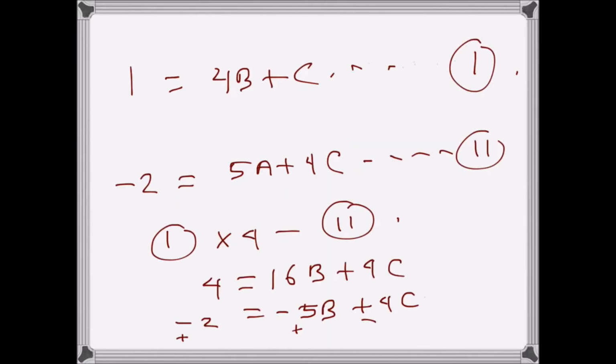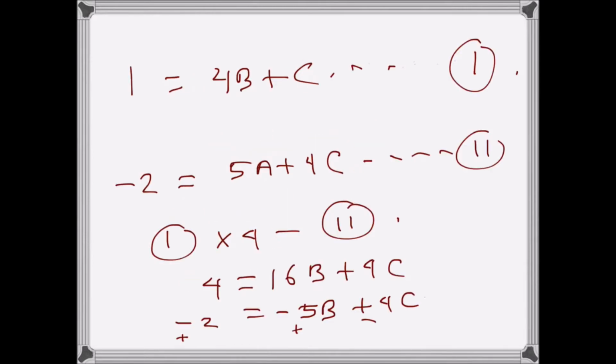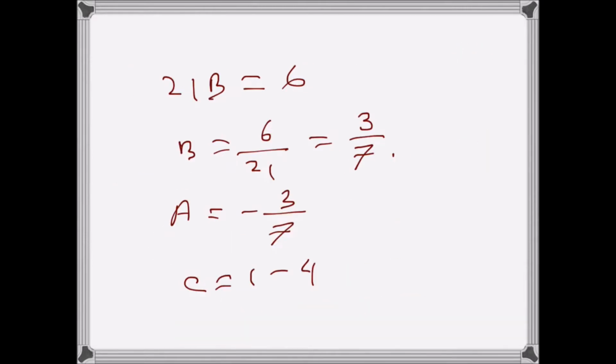C we will have from equation 1: 1 minus 4B. So that's 1 minus 8 over 7. Actually B is 2 over 7, not 3 over 7.